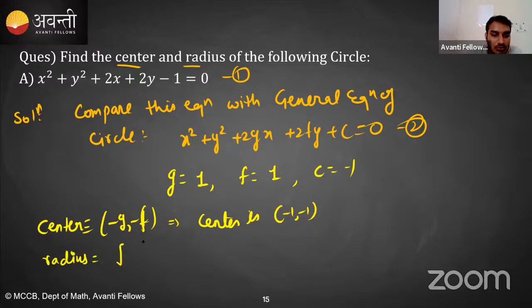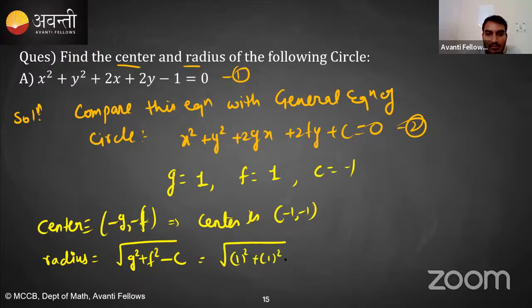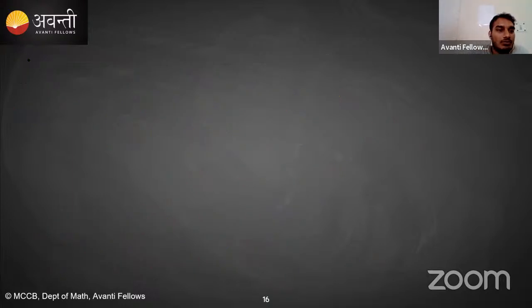Radius is under root of g square plus f square minus c, which is under root of 1 square plus 1 square minus (-1), which is nothing but root 3. Is this clear? Is this clear? So first of all, make the coefficient of x square y square 1. Okay. So what you will do?